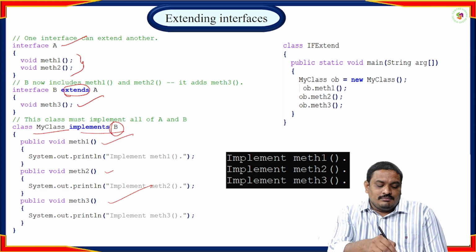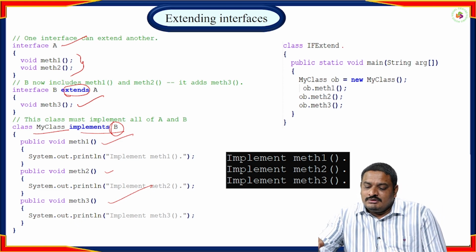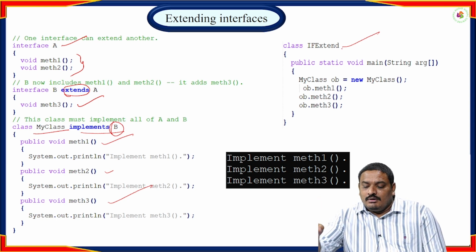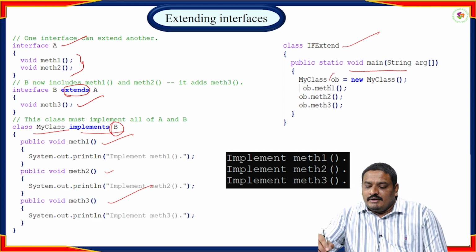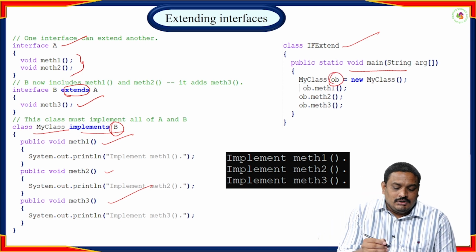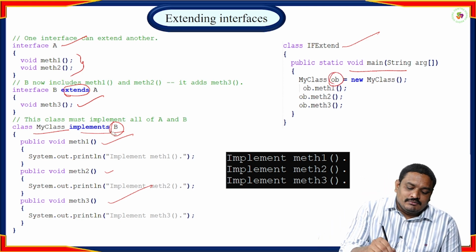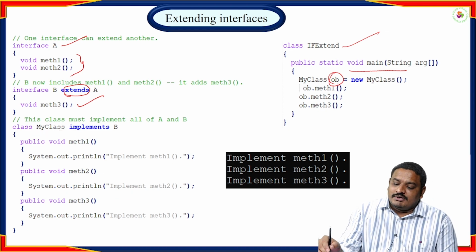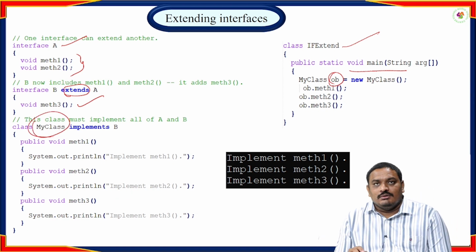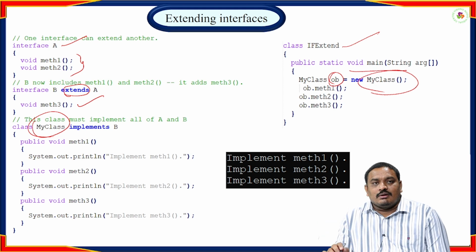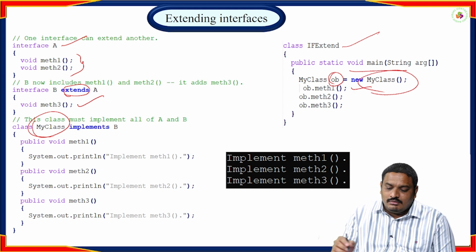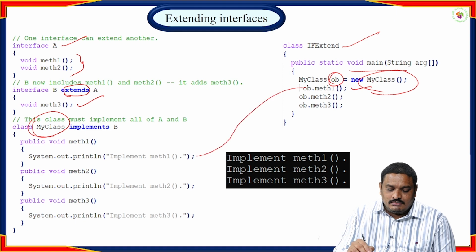In the class, methods are there. Now this is the main class and main method. We are creating the object for this class. Whenever we call method 1, it directly comes here.